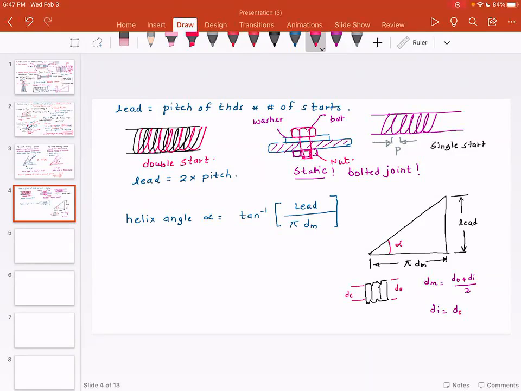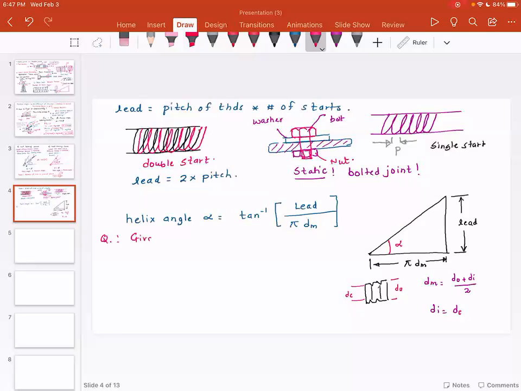So one important question that needs to be thought about is, if you have a threaded joint or a power screw, what type of stresses are observed in a power screw? Now, before we answer that question, I want to answer a very simple question.